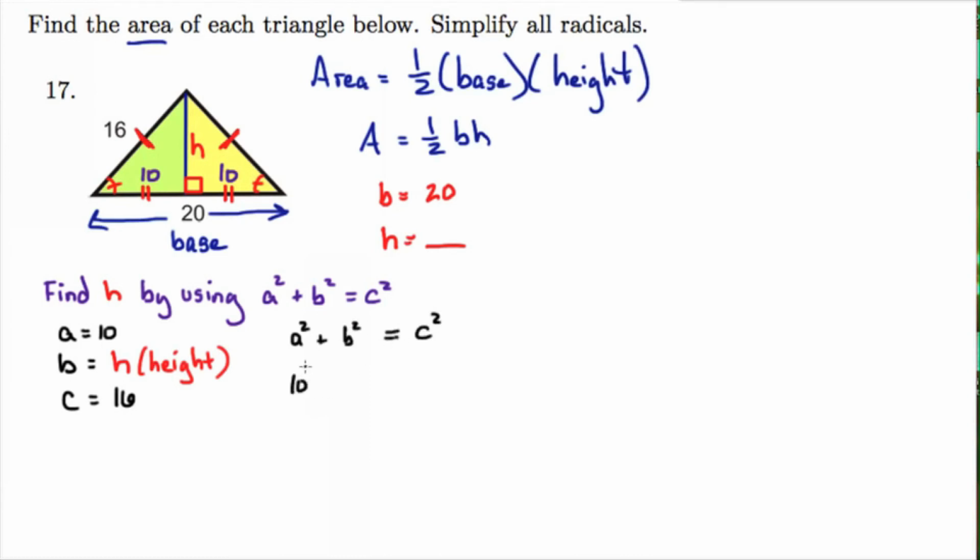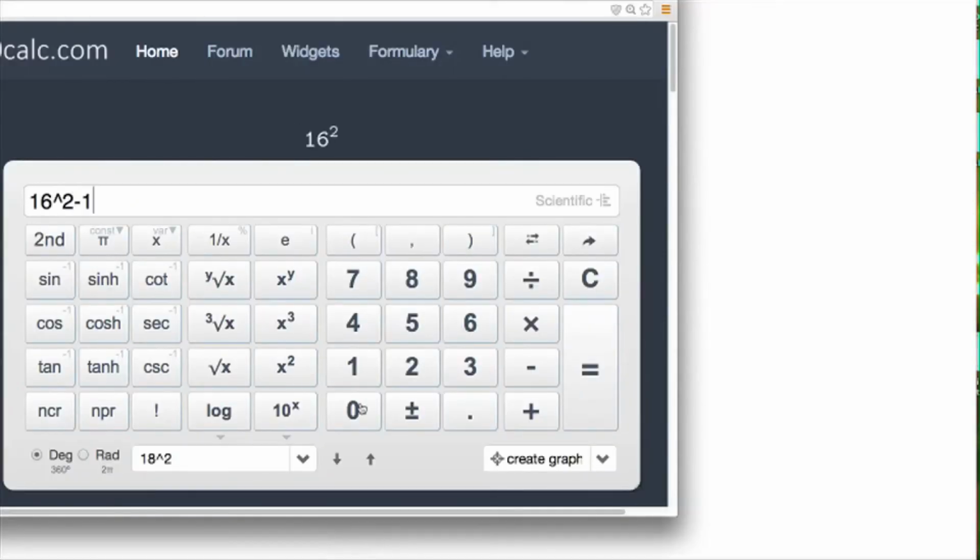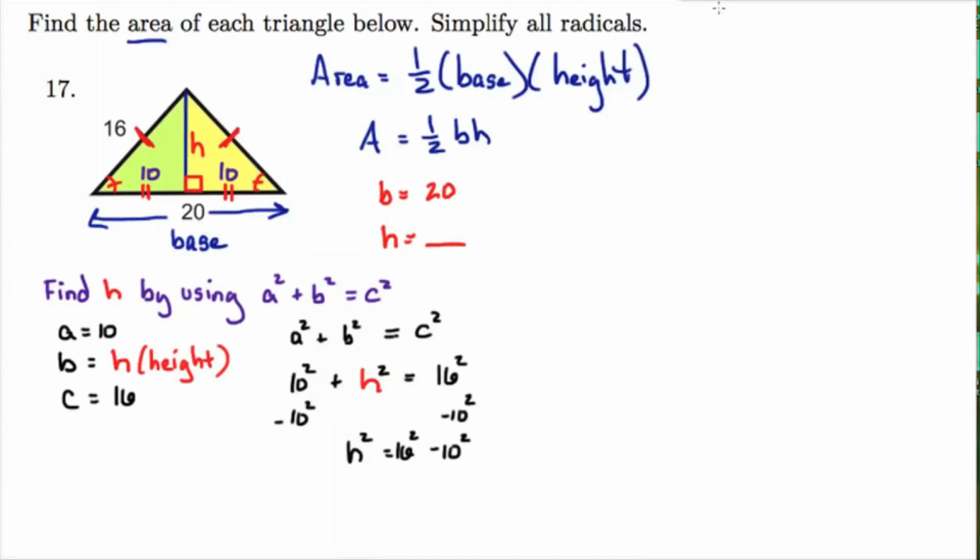So substitute my values. 10 squared plus h squared equals 16 squared. Now I can subtract 10 squared from both sides, so h squared equals 16 squared minus 10 squared. I can go to my calculator here, 156.